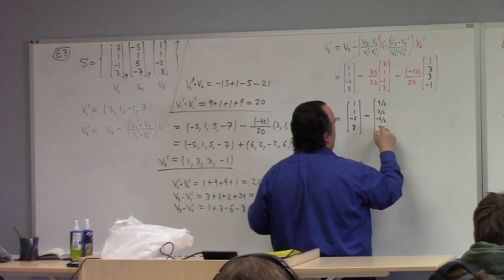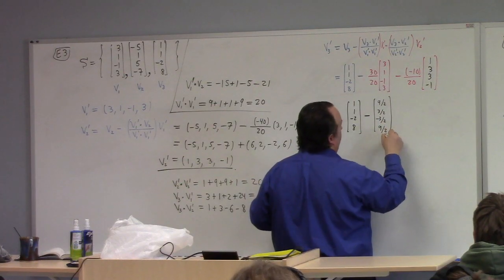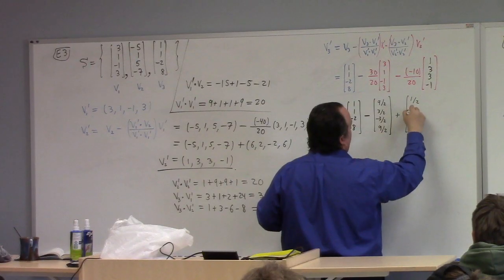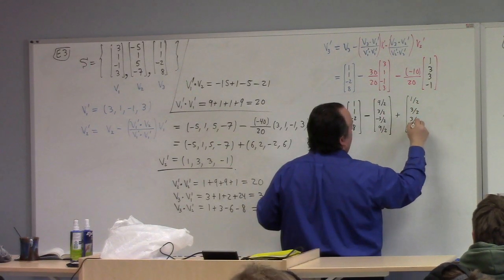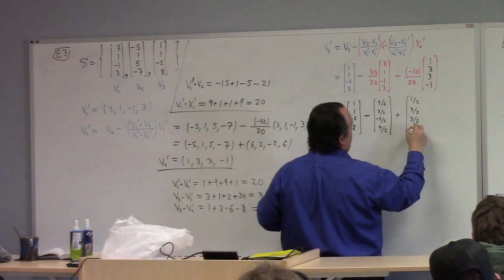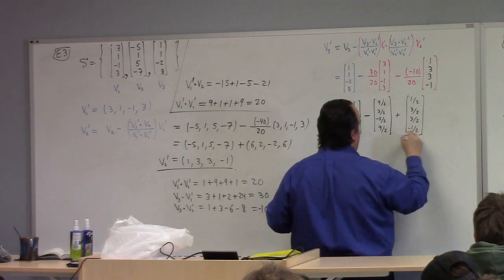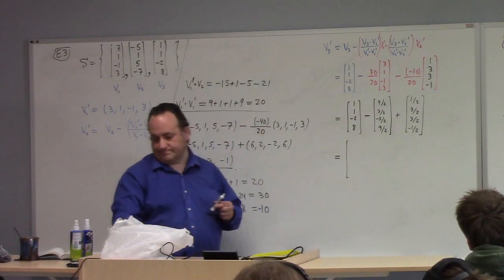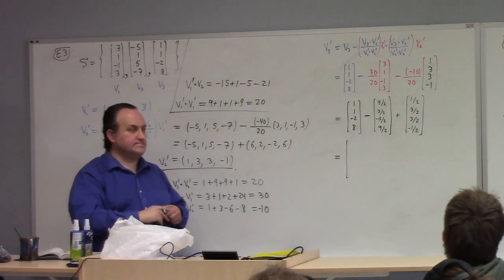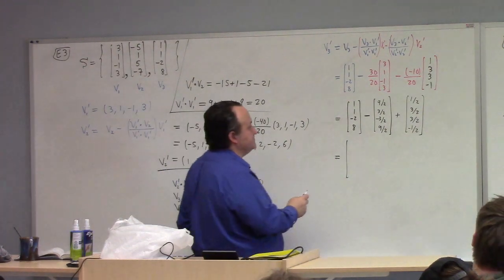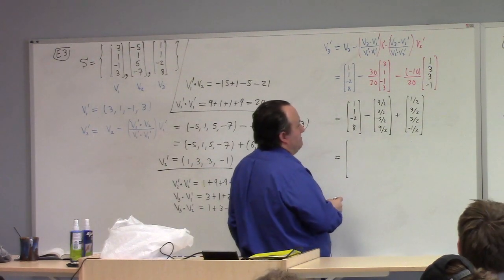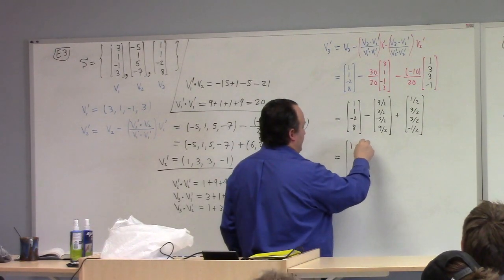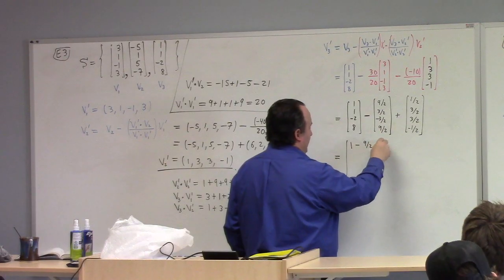9 halves. That's plus 1 half, 3 halves, 3 halves. And then minus 1 half. All right. What we got here? 1, minus 9 halves plus 1 half.